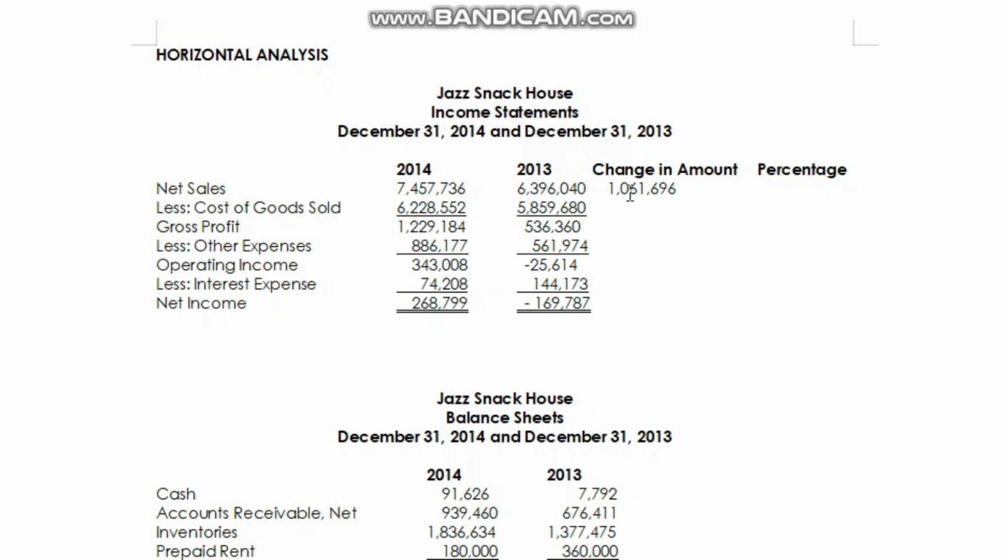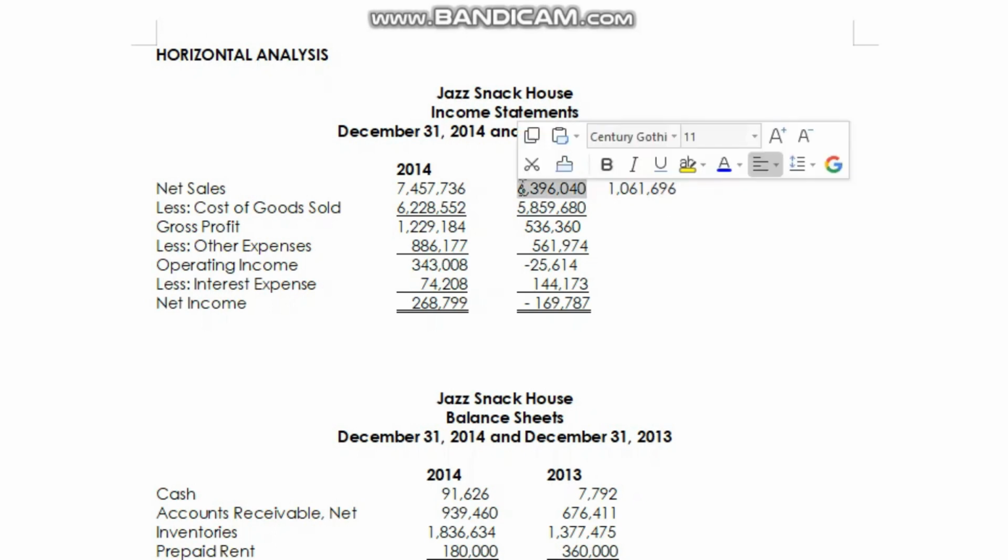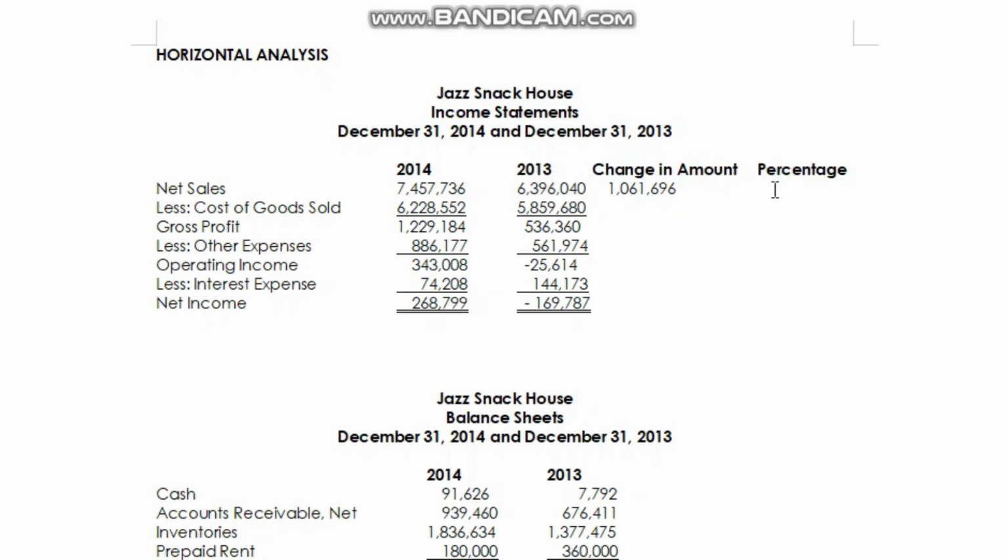It's this change in amount divided by the original amount, which is the 2013 value. So divided by 6,396,040, and then you're going to get 17%. So there's a 17% increase in net sales.